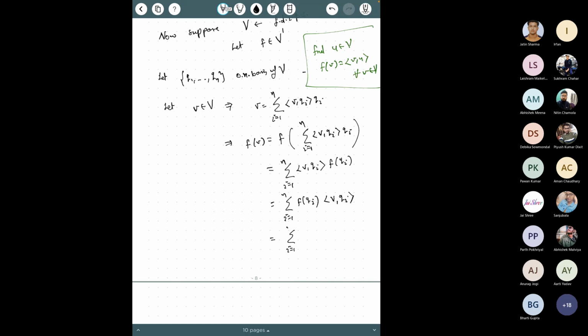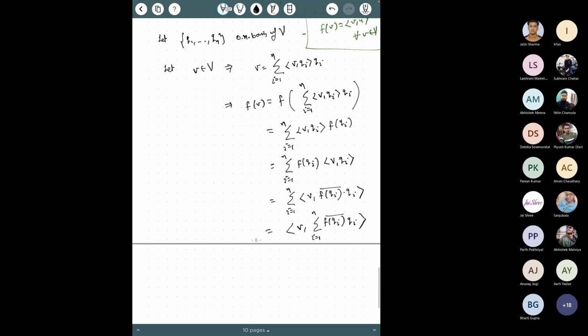I can write this as the inner product of v with f of qi bar times qi. And then since this summation is over the index i, we can take this summation also inside. You can check that this follows because of the linearity of the inner product. So this would be the inner product of v with the summation i equal to 1 to n of f of qi bar times qi.